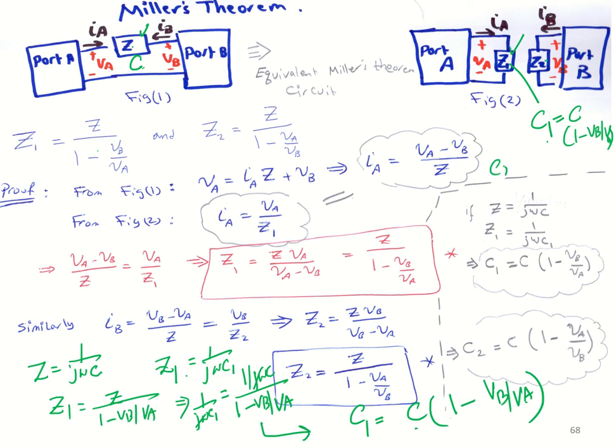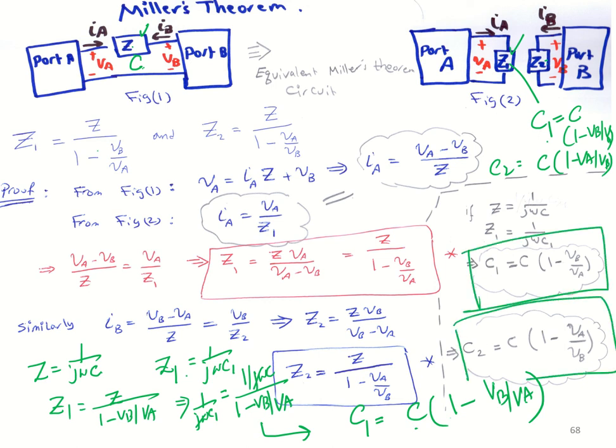Similarly, C2 will be equal to C times 1 minus VA over VB, just vice versa. This is the main equation. Using Miller theorem, we can divide that capacitor into C1 and C2, and their values can be calculated using these formulas.